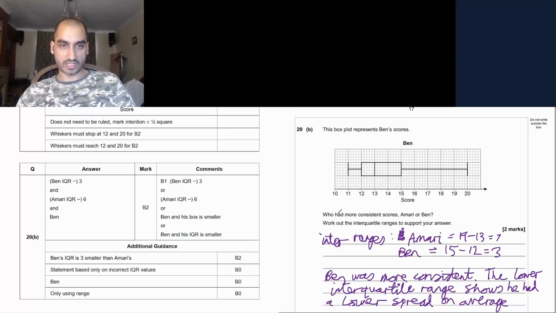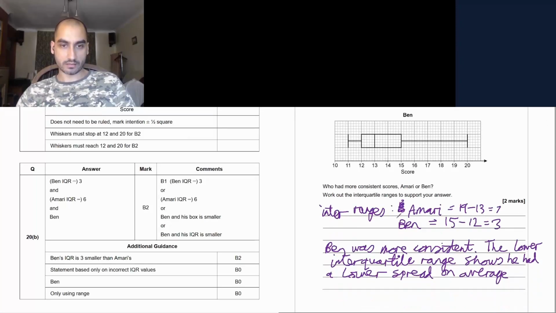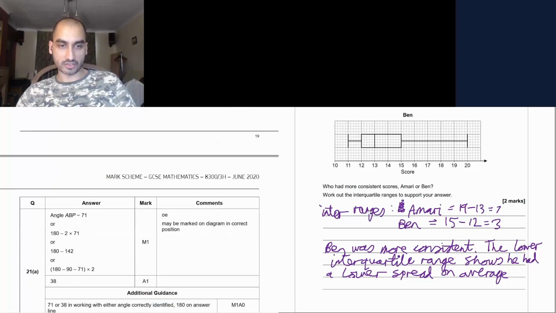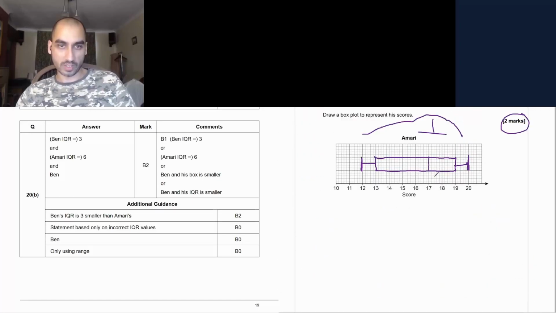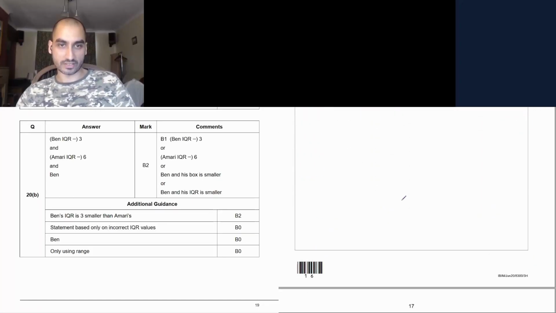So who had more consistent scores, Amari or Ben? I would say Ben. Ben, yeah. It has to be Ben. You can't argue it's Amari, apparently. And I agree with that. Amari clearly was less consistent. Except for the fact that she had a larger range, but only by 1. No, she didn't have a larger range.